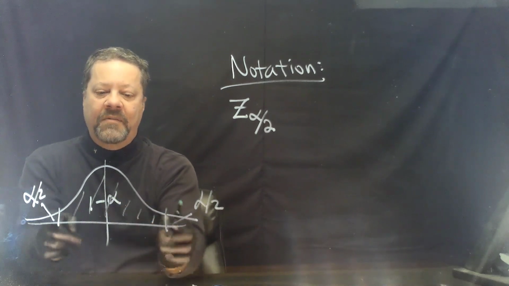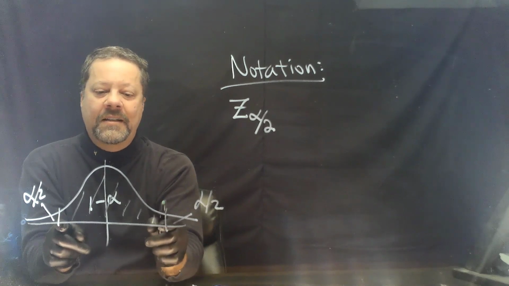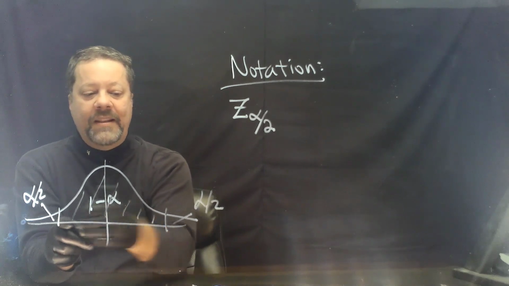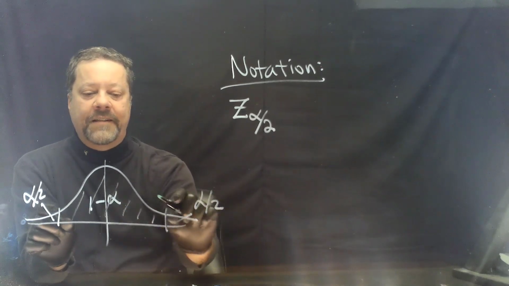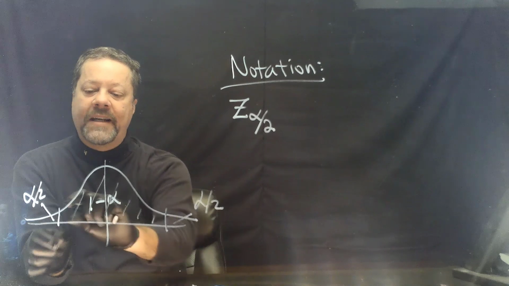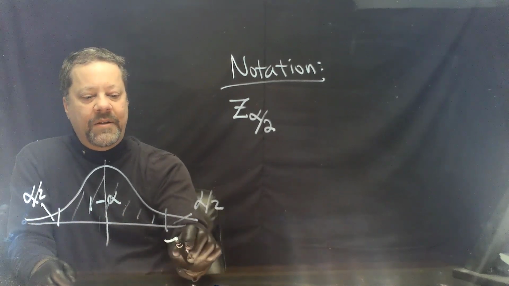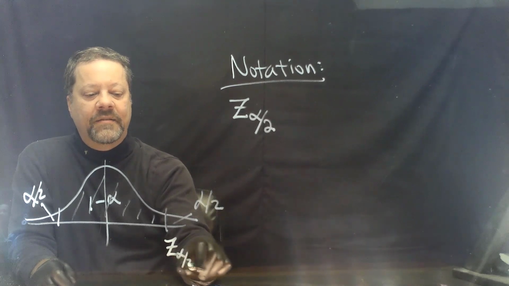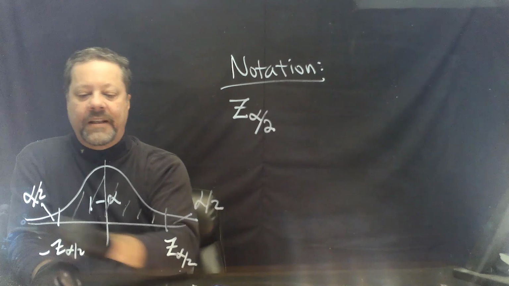You'll have 1 minus alpha probability, or confidence, that the value will lie within this interval. We split the difference on the alpha that's left over, half on the right tail, half on the left tail. This will be your critical z right here. This will be the negative of the critical z.